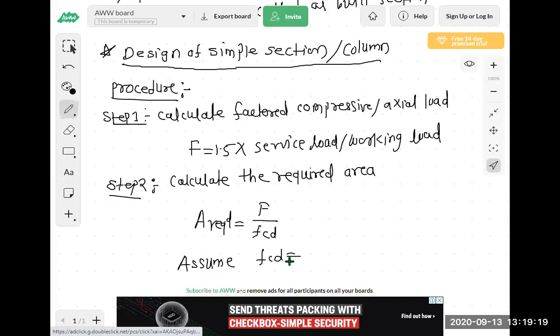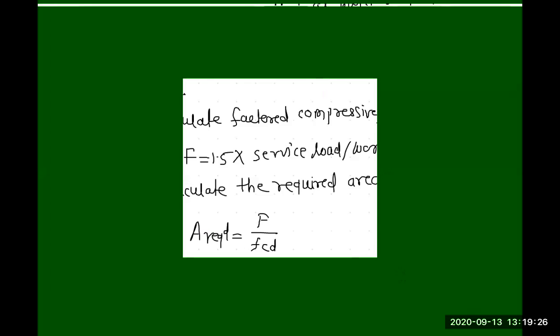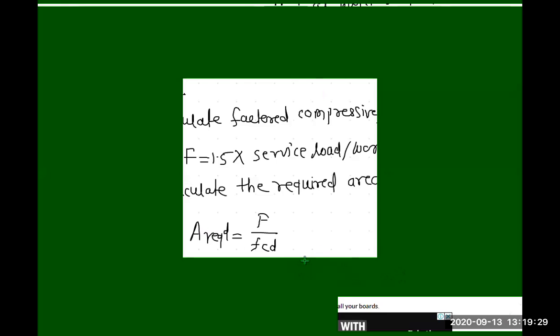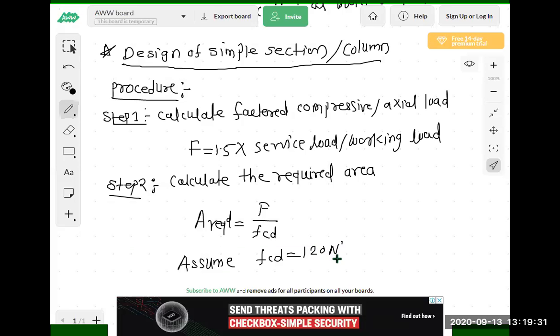90 to 120. Okay, 90 to 120 we have assumed. So here we are assuming 120 Newton per mm square to 180 Newton per mm square, because the column carries heavy loads.